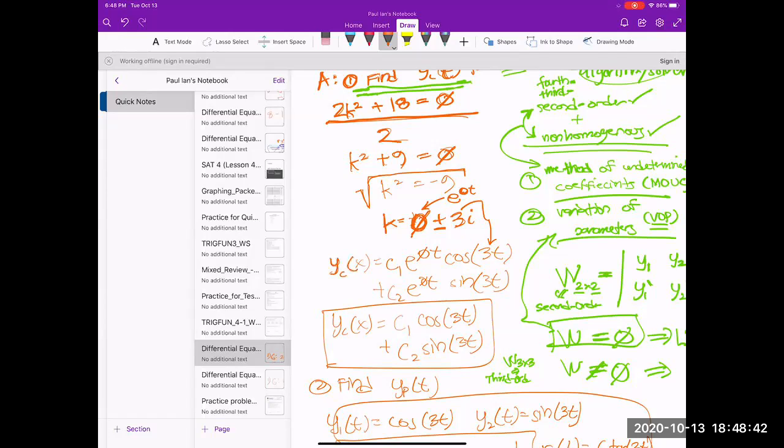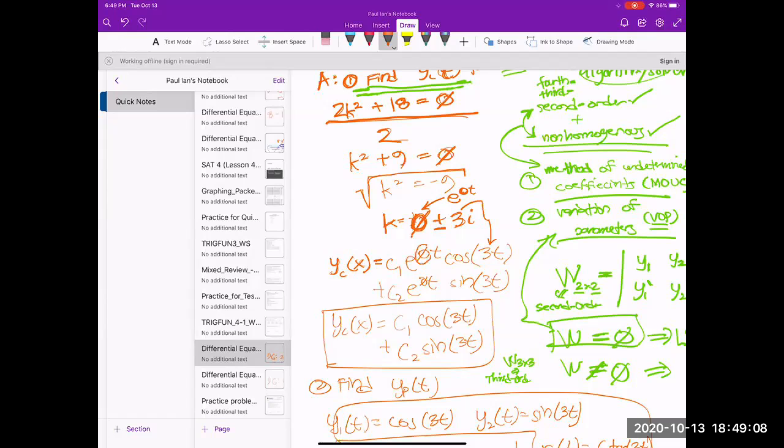So 3i. Then this 0, you focus on since it's a 0 plus or minus 3i, that 0 replaces what in this equation?